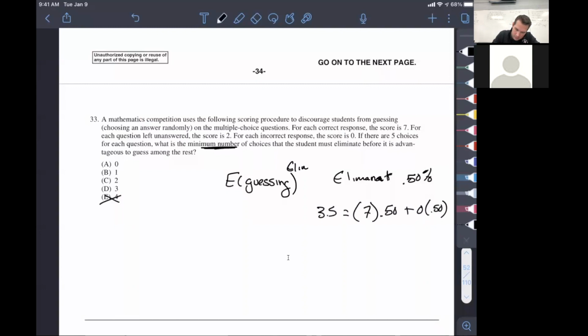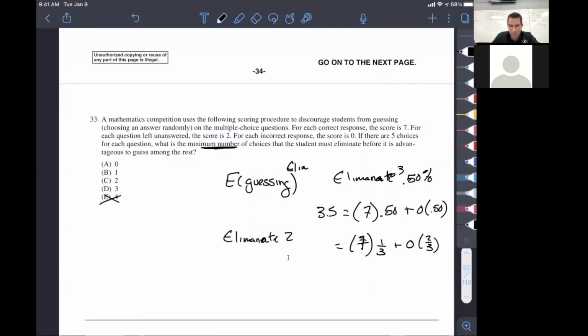Eliminate 3. If you eliminate 2, so let's say we're going with 2. If I eliminate 2, that means there's 3 choices. That means it's a 1/3 chance. So the points I would get is 7 times 1/3 plus 0 times 2/3.